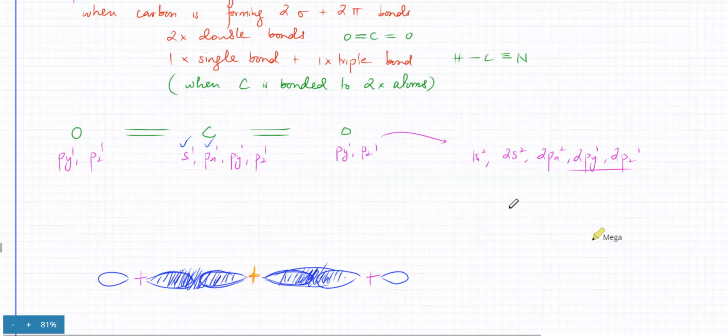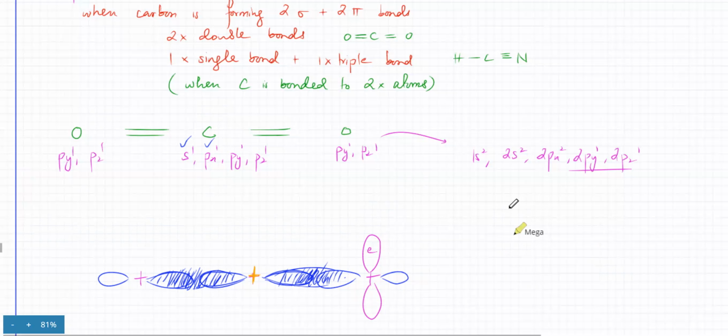But oxygen has another orbital, let's say the pz orbital, that also needs electrons. This one also has one electron in it.